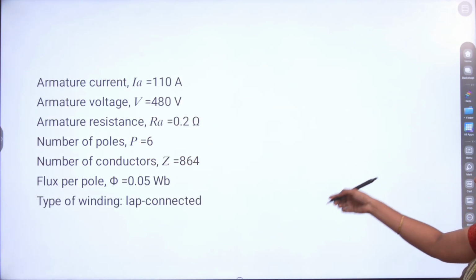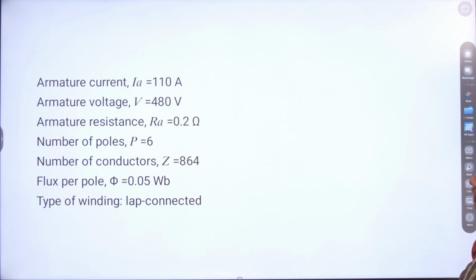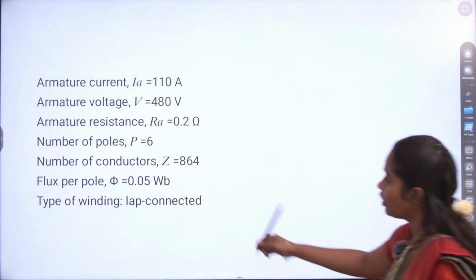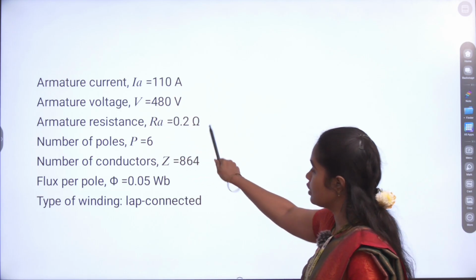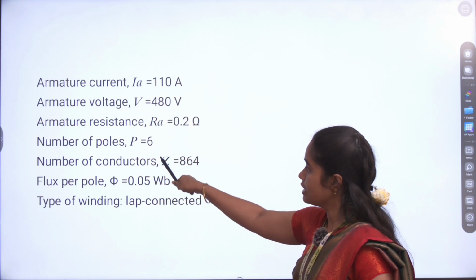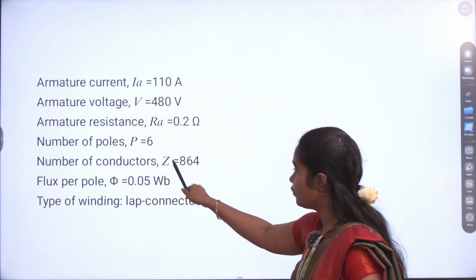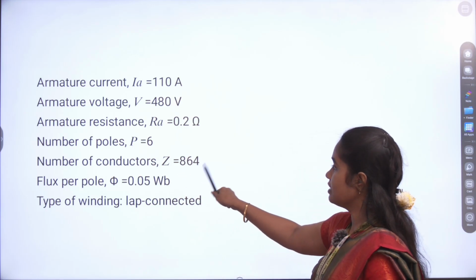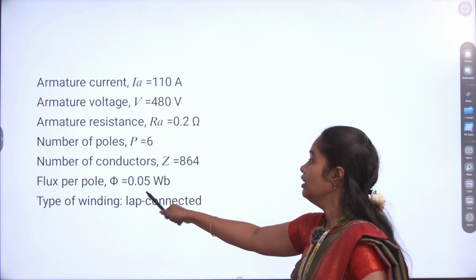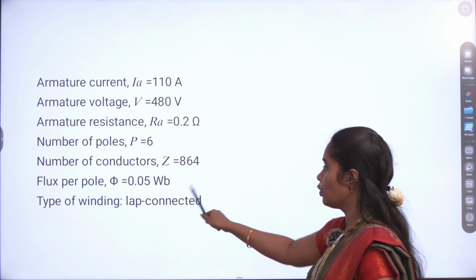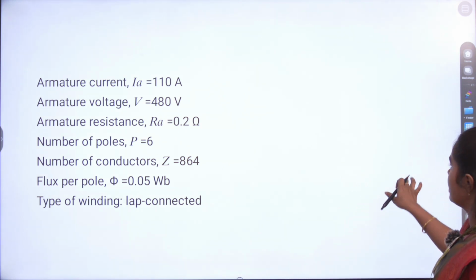So the given data is armature current Ia equal to 110 amps, armature voltage V equal to 480, armature resistance Ra equal to 0.2 ohm, number of poles P equal to 6, number of conductors Z equal to 864, flux per pole phi equal to 0.05, and the type of winding is lap connected.